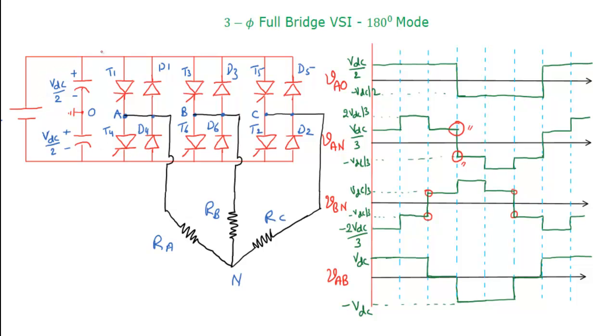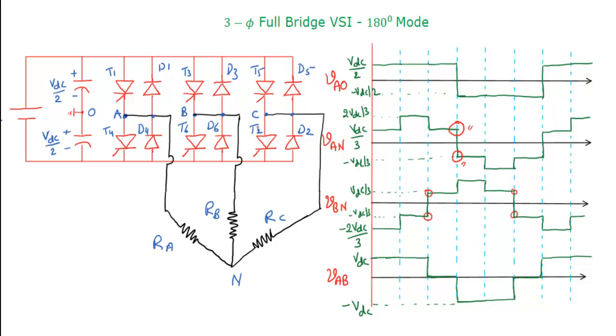If any two thyristors from the same leg are in conduction for a short duration, a source short circuit will happen, with no resistance or load in between. That's why a huge amount of current will flow through the thyristors and they will be damaged.